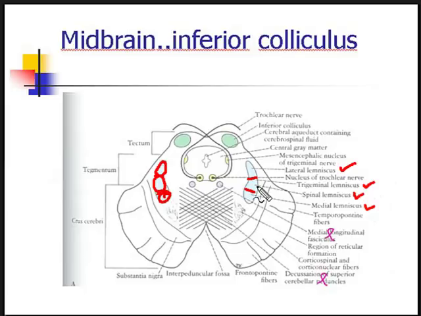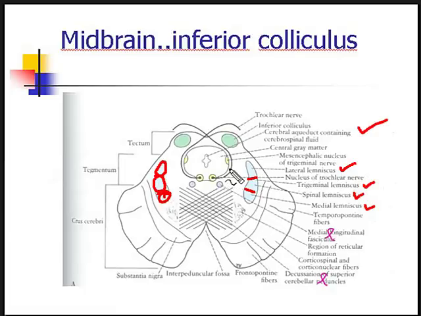And then this here is the cerebral aqueduct, and around it you can see a little bit of gray matter. These parts you can ignore. So this is what you're seeing at the level of the inferior colliculus. This is the trochlear nerve. If you remember the nucleus of the trochlear nerve, I told you this was one nerve which emerged dorsally.